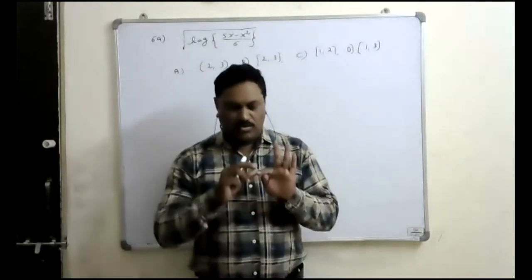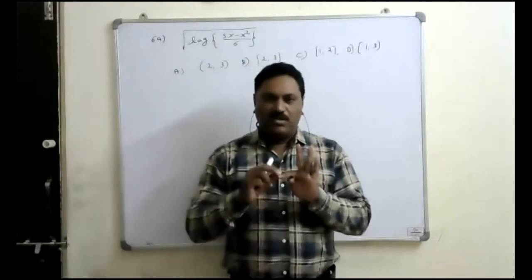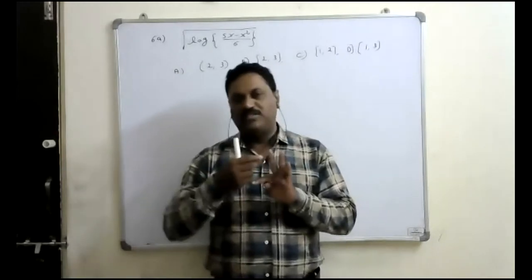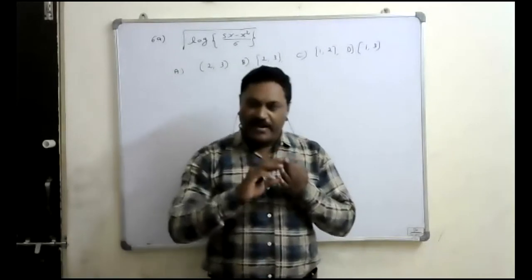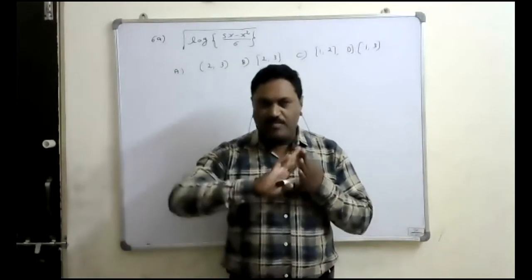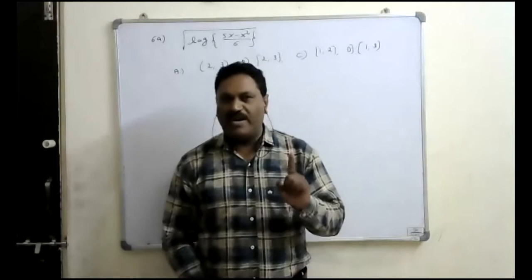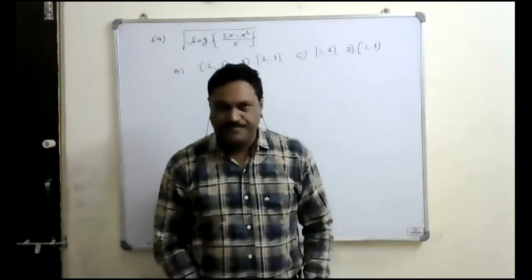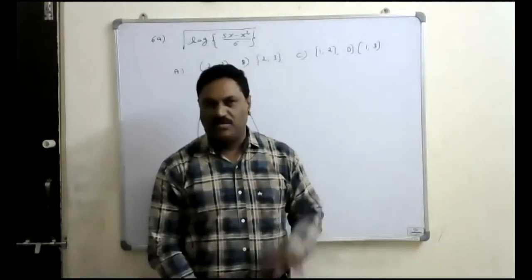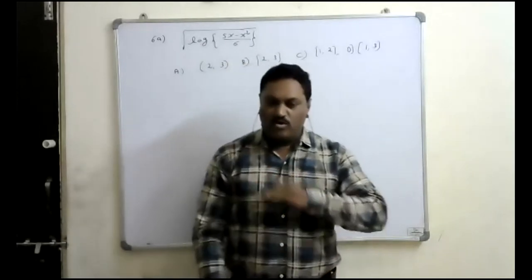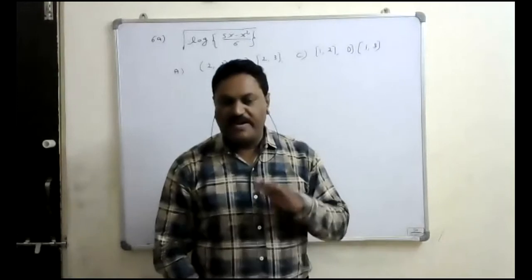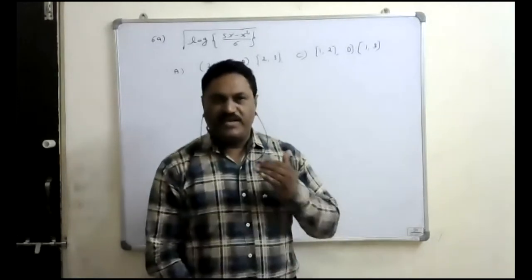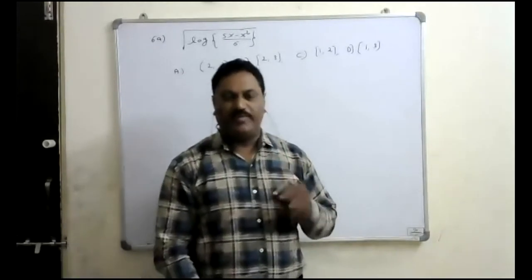If you know the 3 wrong options, then the 4th one will be the correct one. So we identify the 3 wrong options. If you eliminate the wrong options, then automatically you identify the correct option. That is called the elimination method. All the domain related problems we can solve by using the elimination method.